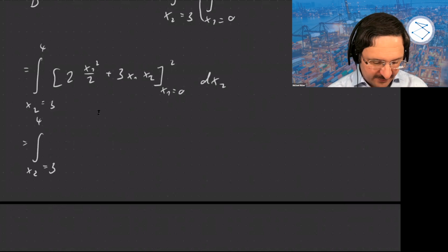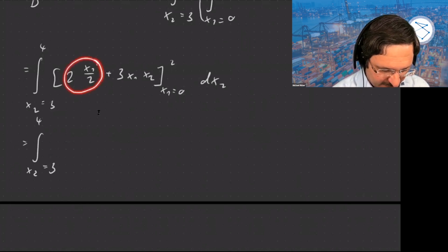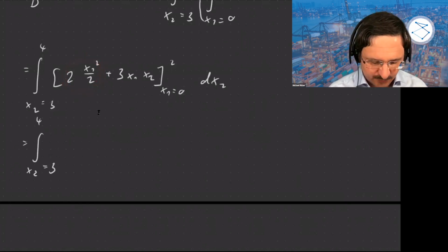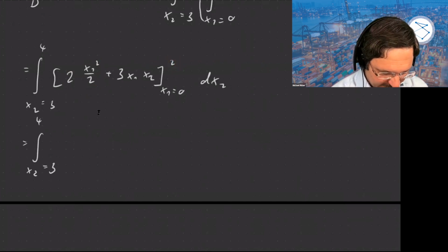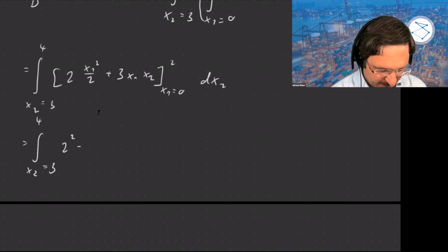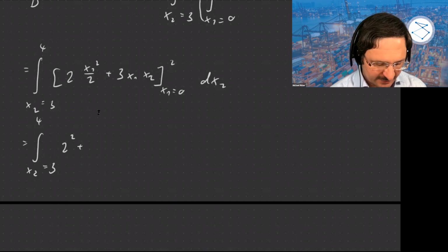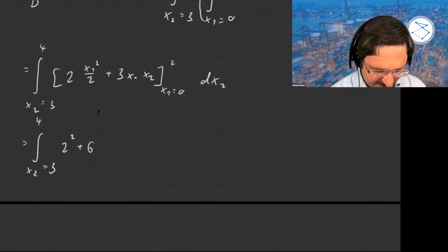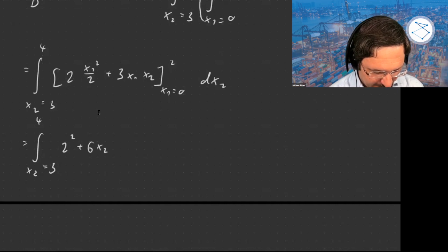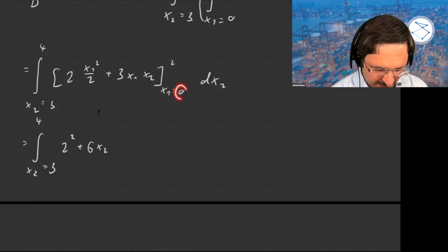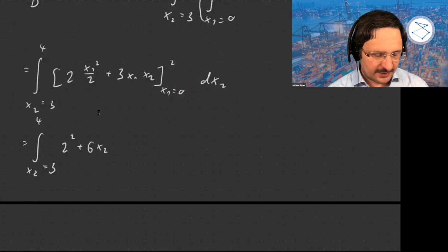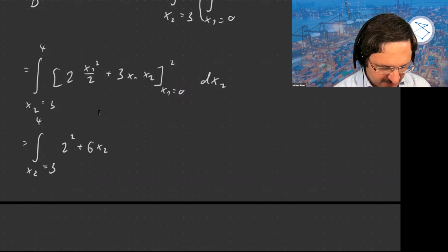Let's substitute the boundaries. So here we have 2x1 squared over 2, so that's just x1 squared. Upper bound is 2. So we get 2 squared plus 3 times x1 times x2, so that is 6x2, minus the lower bound. The lower bound is 0. So we get minus 0 here and minus 0 here.